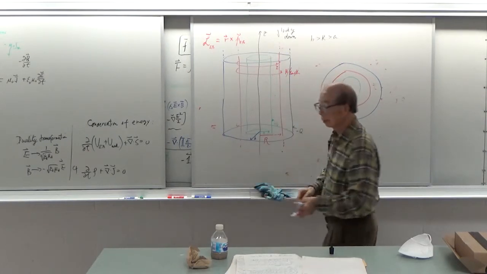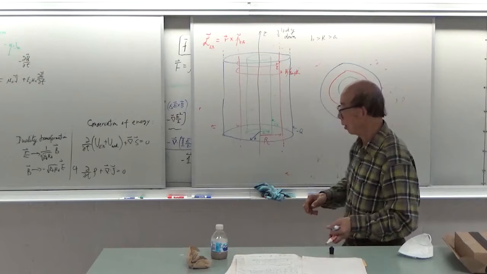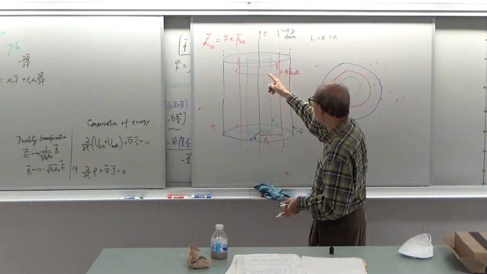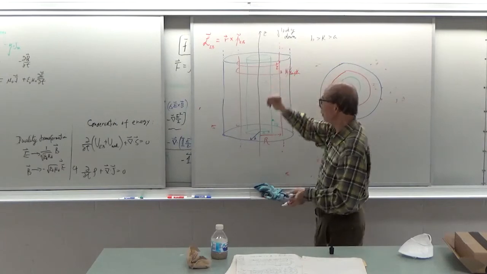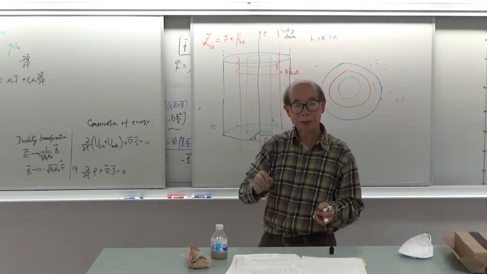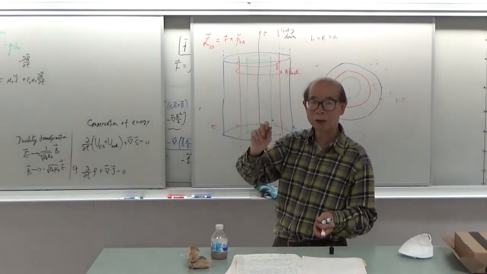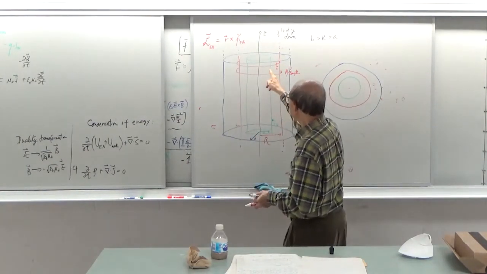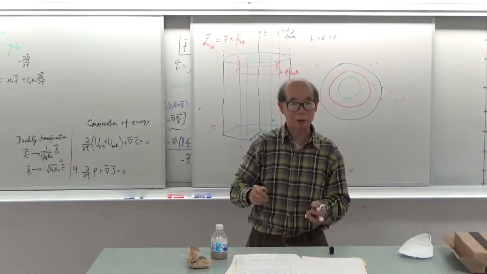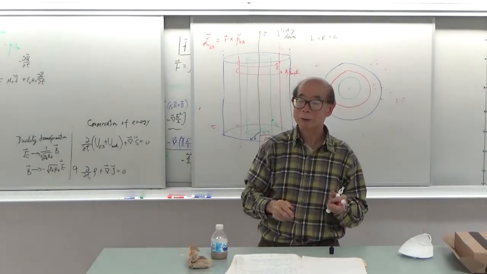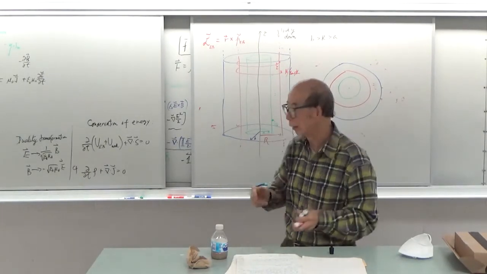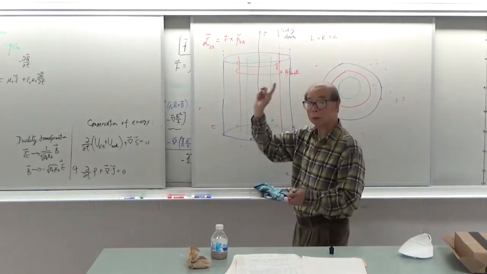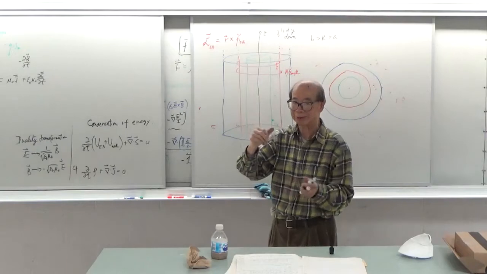Now, let me tell you what the problem is. Namely, there's a current I running around the solenoid. But that current is gradually reduced to zero. As the current is being reduced, if you do an experiment, you'll find that the two cylindrical shells start rotating in opposite directions.